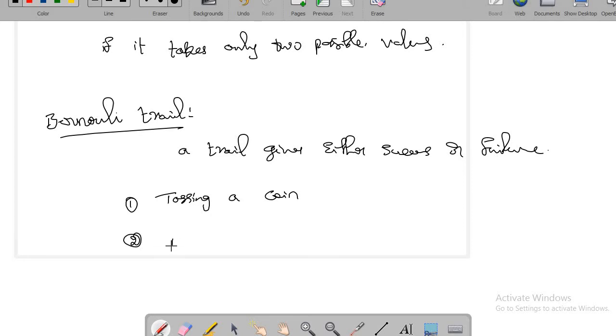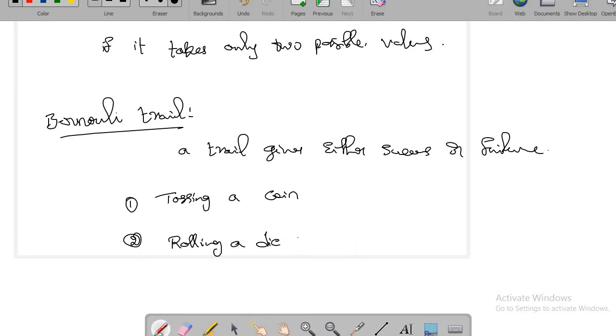And example 2, you can look at rolling a die. Now it's not just rolling a die. You should understand what it is that you are interested in. So you roll a die and see if the upward turn number is even.